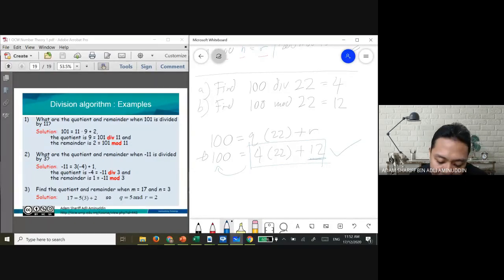The representation of division algorithm is unique. The answer is unique. You cannot get another value of quotient and another value of remainder. Remainder tu unique, kamu tak akan dapat remainder lain. Bila remainder tu unique, quotient pun adalah unique.